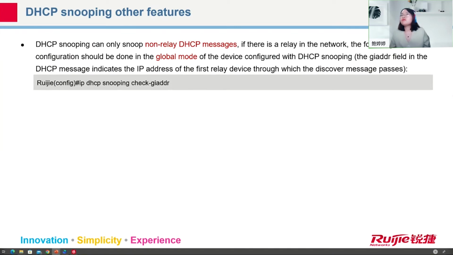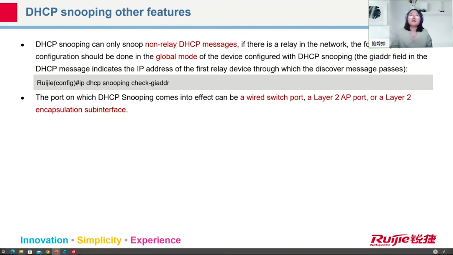But if in your network you deploy a relay, right? The relay will make the broadcast message become a unicast message. So if you want snooping to succeed, you also have to let the switch know this is a special message from the relay. So you have to add this configuration.